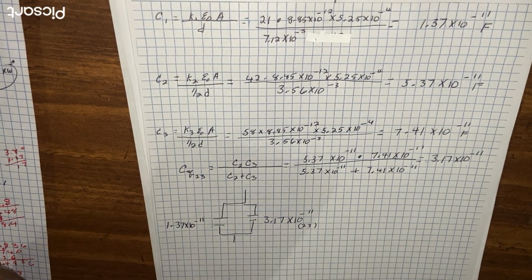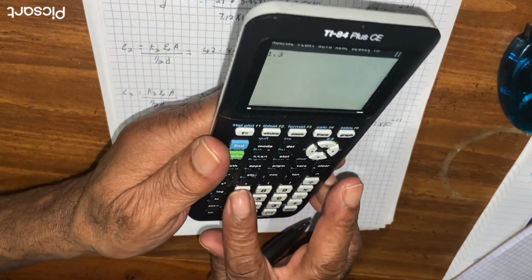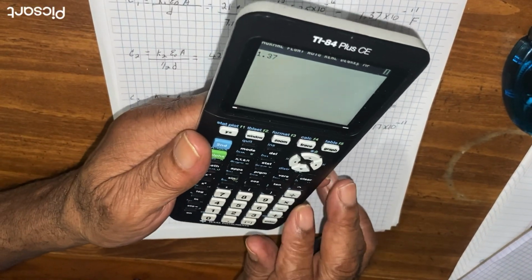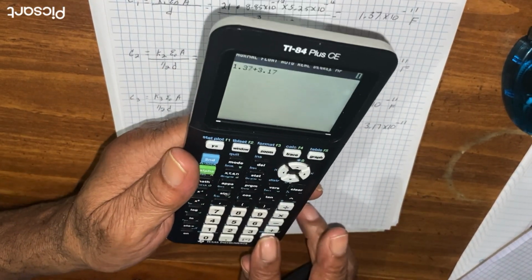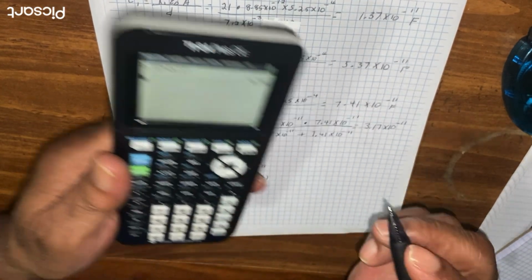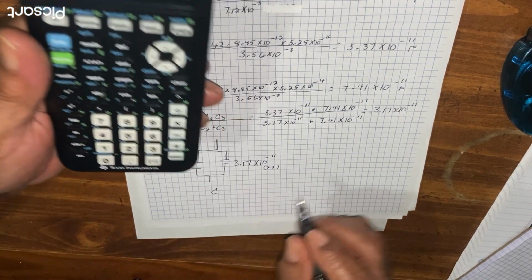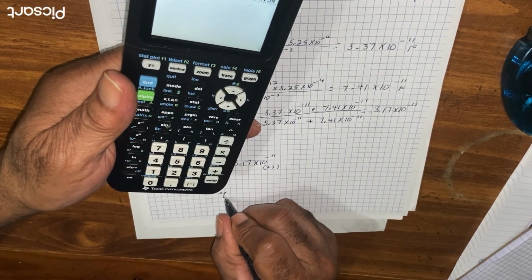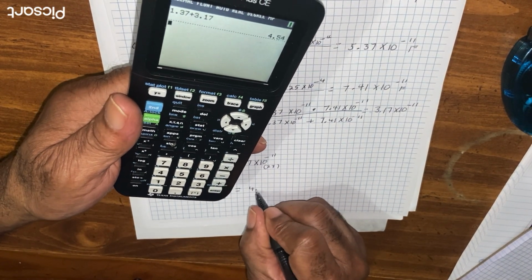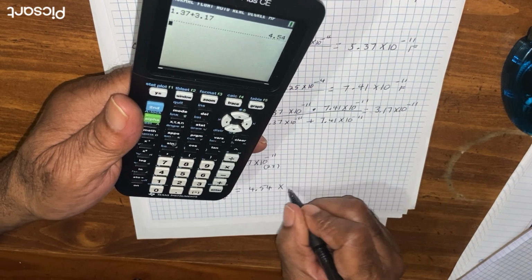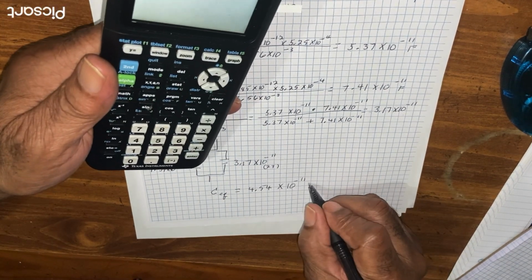And when we add these two, 1.37 plus 3.17 equals 4.54. So our equivalent capacitance is going to equal 4.54 times 10 to the minus 11 farads.